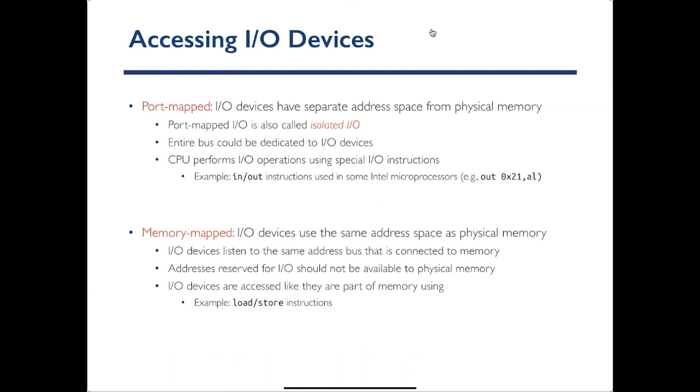Okay, now in terms of communicating with the device, there are two ways. There is the port mapped way of communicating and transferring data to I/O, and there is the memory mapped I/O. So with port mapped, the I/O device has its own separate address space, and so they don't share the same address space with the memory.